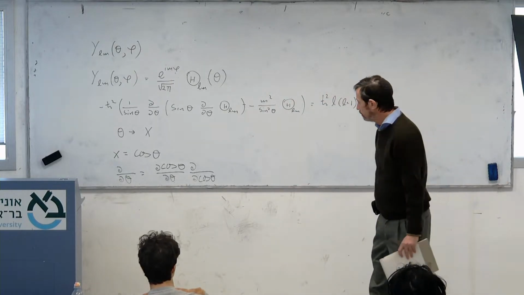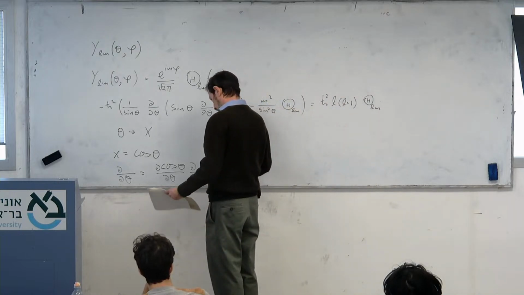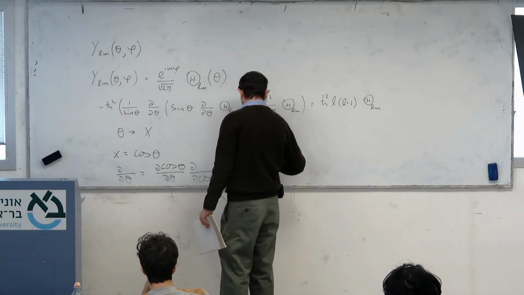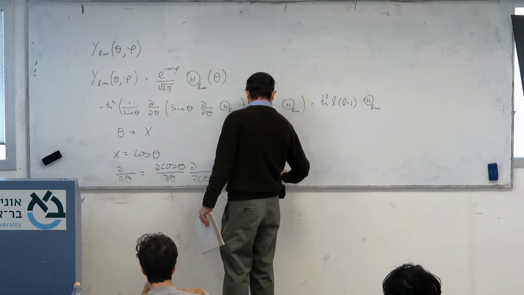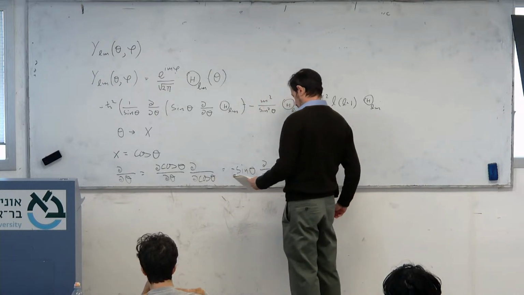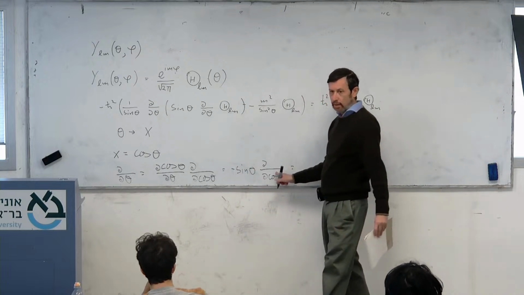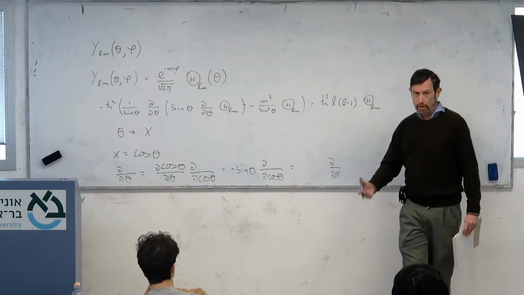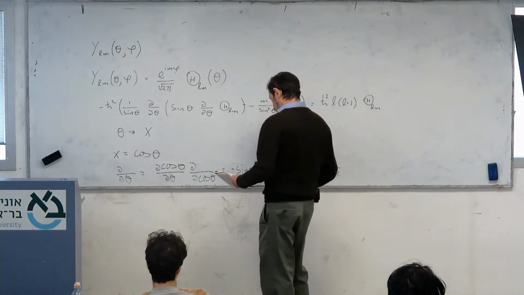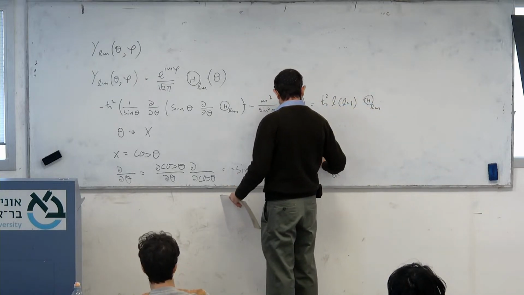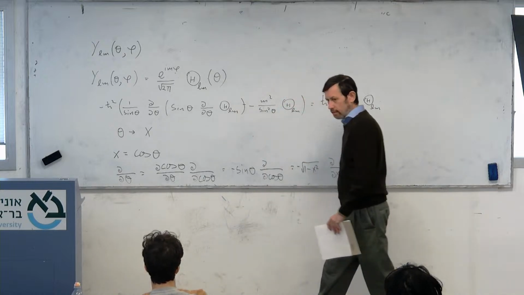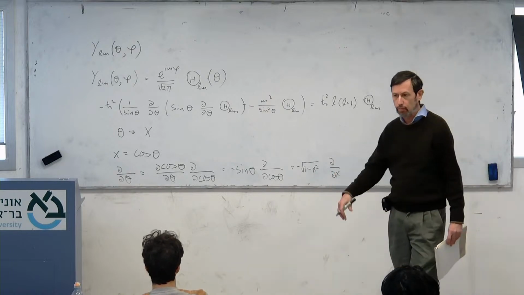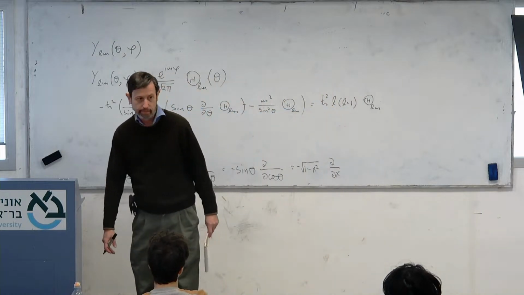The usual game. So this immediately is d over dx. And we end up with writing a somewhat ugly expression, but it comes from sine squared plus cosine squared is equal to 1.